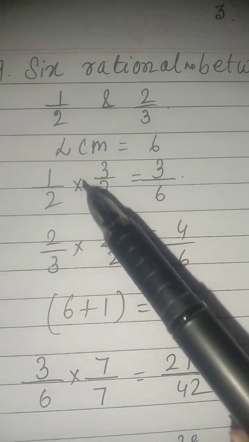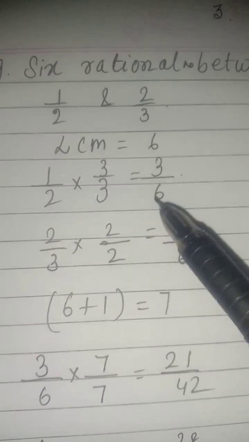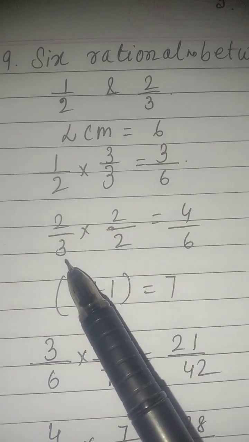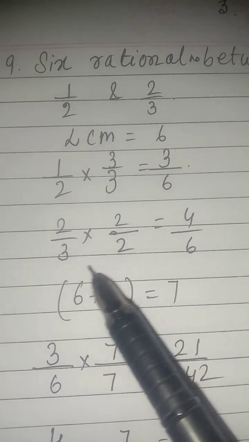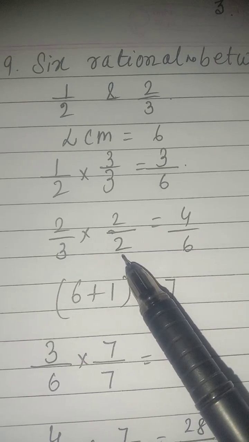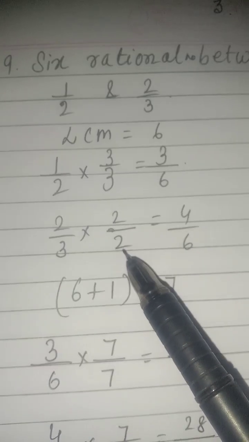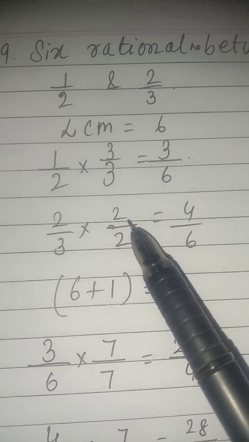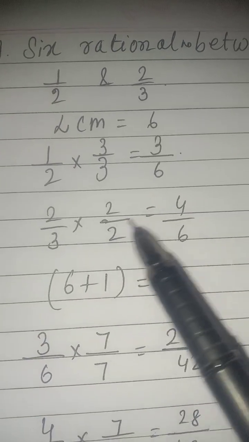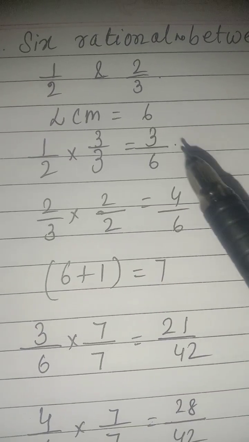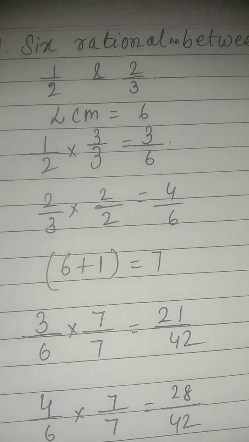So it is 3 by 6. Similarly, 2 by 3, to make the denominator 6, we multiply by 2 in the denominator and numerator also by 2, so we get 4 by 6. So 3 by 6 and 4 by 6.